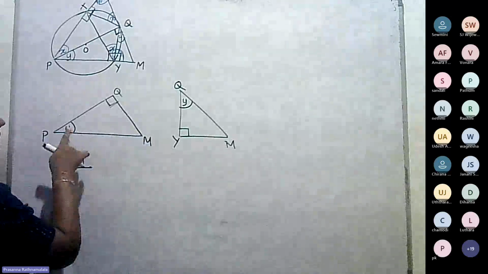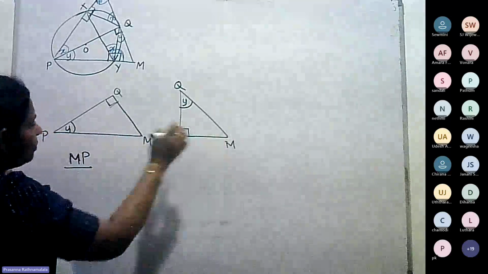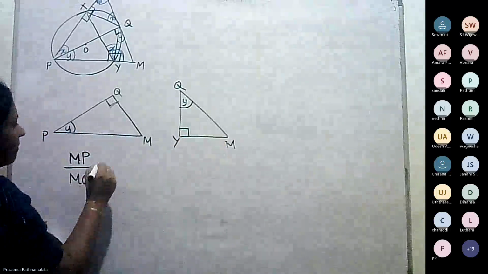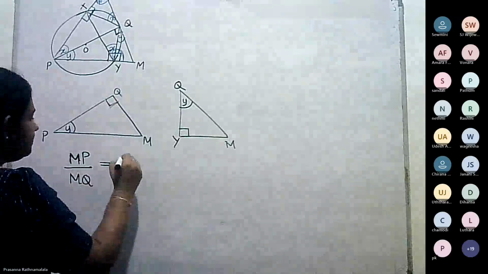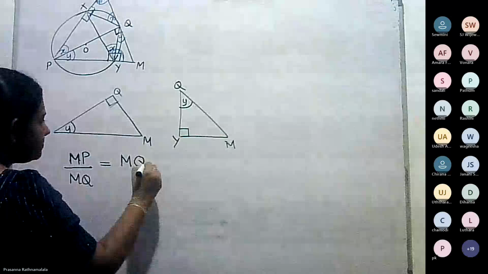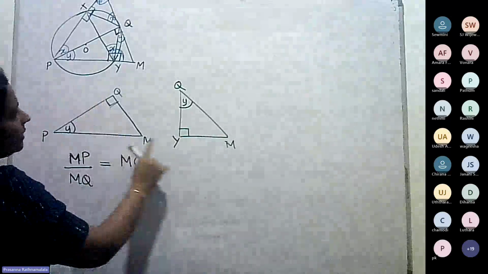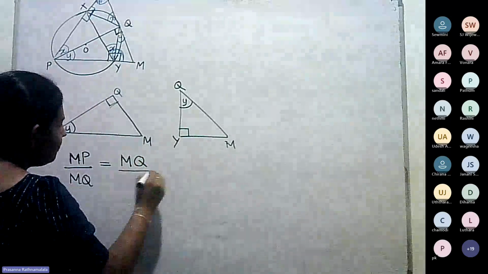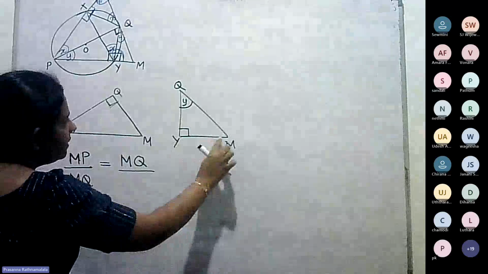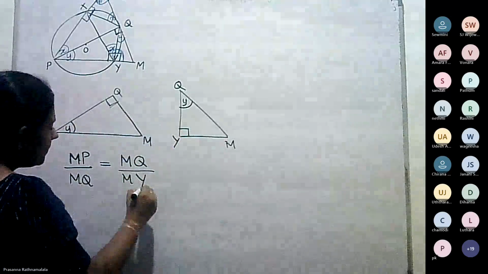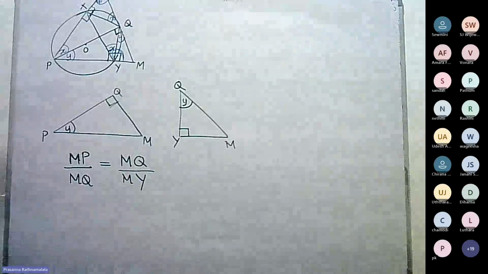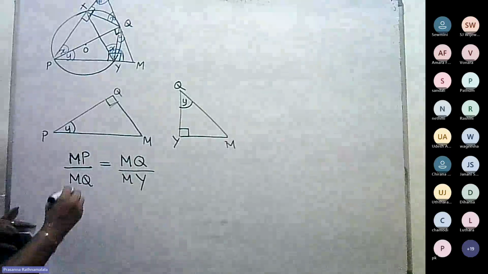The angle with the right angle: MQ. Equals MQ upon MY. Right. Now you do the cross multiplication.